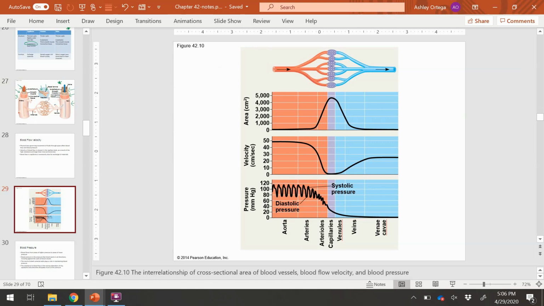As it gets farther away from the heart, it gets very low, and after it returns to the heart, it resumes at a high blood pressure.